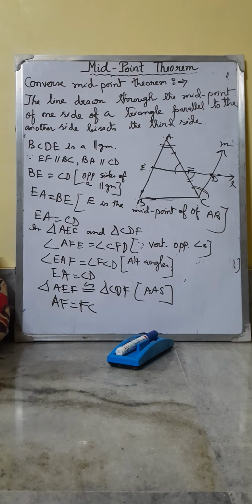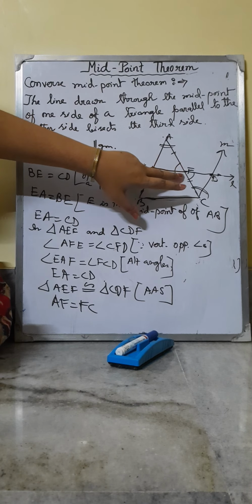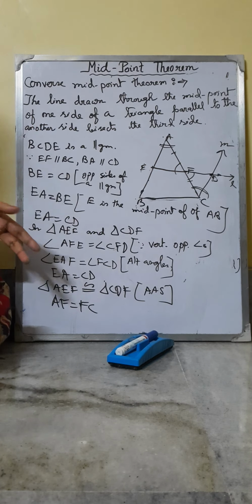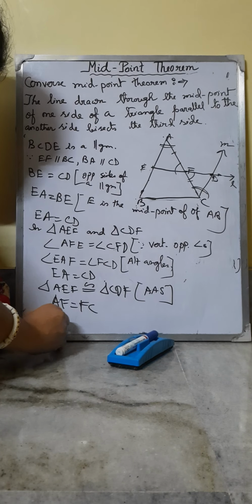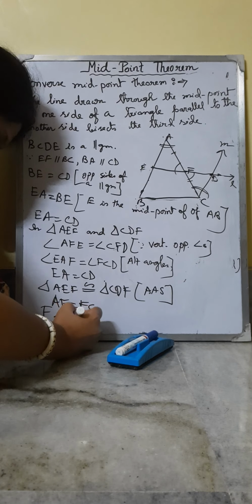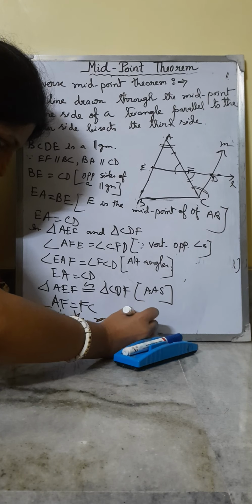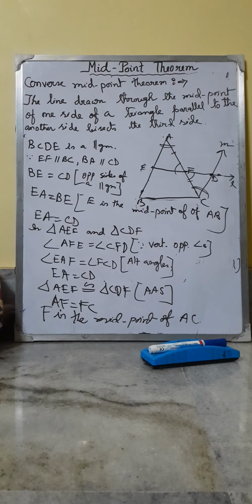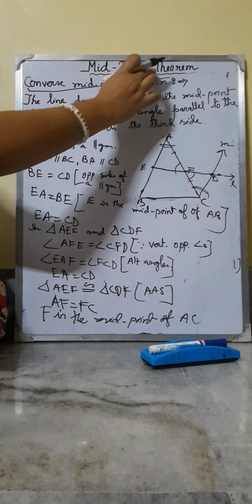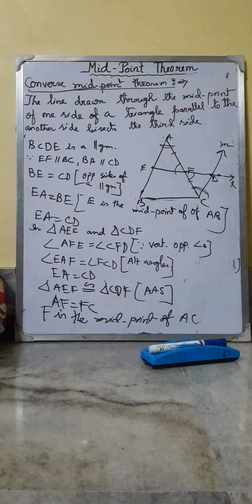And when AF equals FC, that means F is the midpoint of AC, which we have proved. So today I discussed the midpoint theorem and its converse.